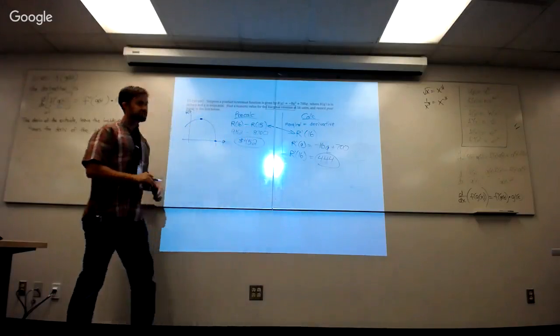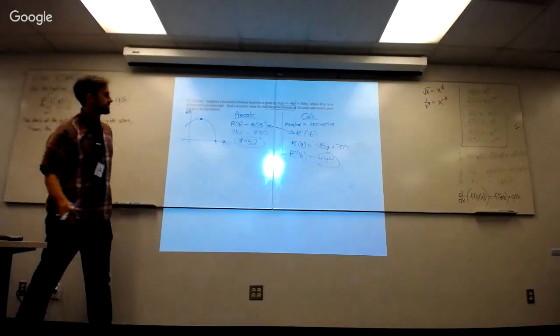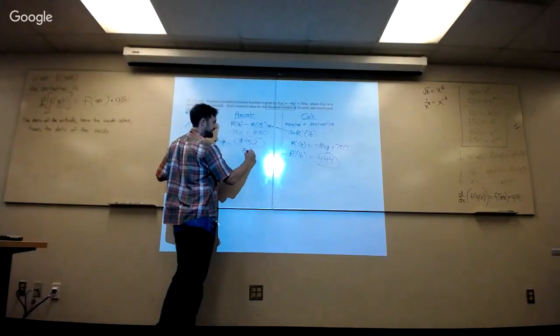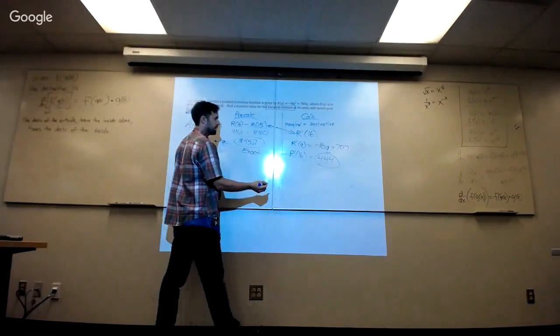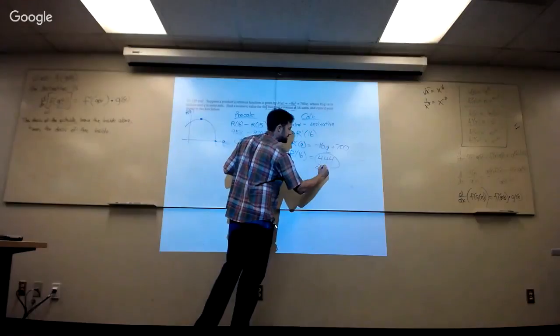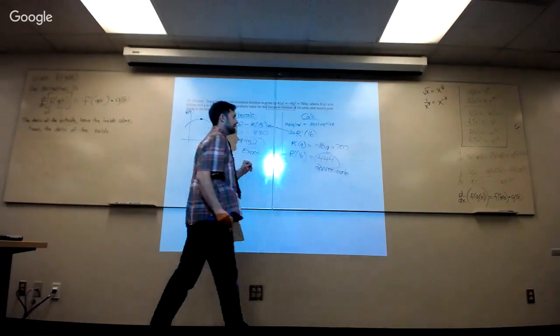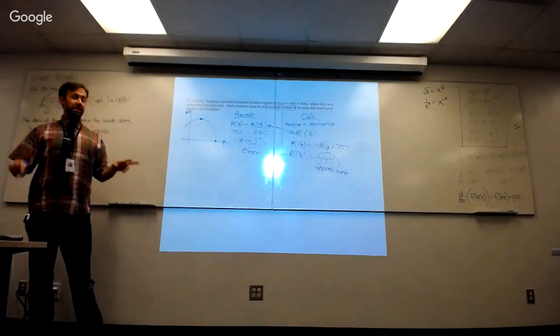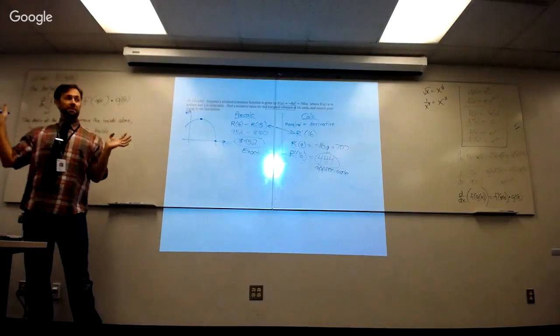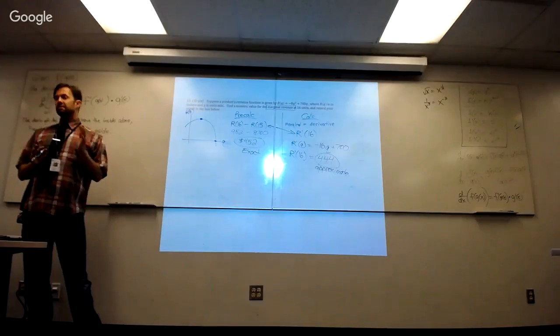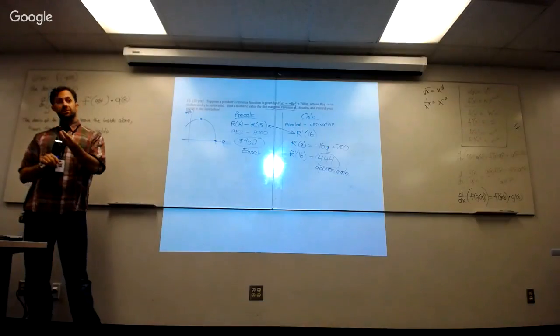Now I want you to notice these two answers. The pre-calculus method is exact, whereas the 444 is approximate. There's a little irony here. You would think that a calculus method would be even better. But in fact, the calculus method is only giving you the approximation to the answer.